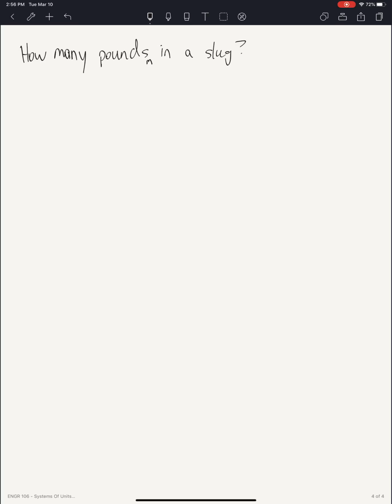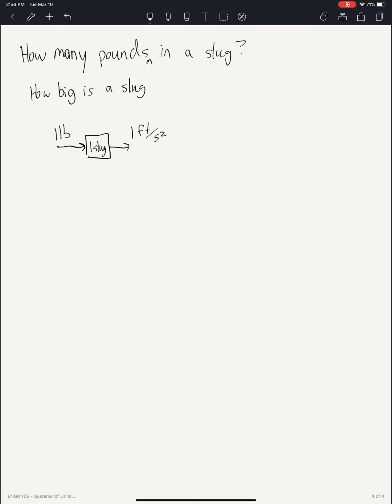Well, let me first ask you the following question. How big is a slug? Well, I'll tell you precisely how big a slug is. A slug is the amount of mass that if you exert a 1 pound force on it, it will accelerate at a rate of 1 foot per second squared.